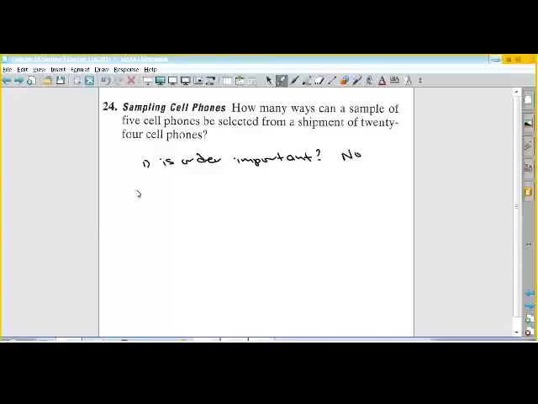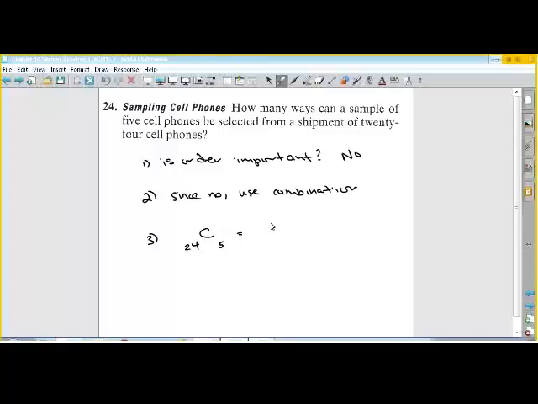In this case, no. So if the answer is no, then you use combinations. And then you look on your sheet of paper that tells you what the formula is. For combinations, we use the letter C. The larger number is the first subscript, and the smaller number is the second subscript.